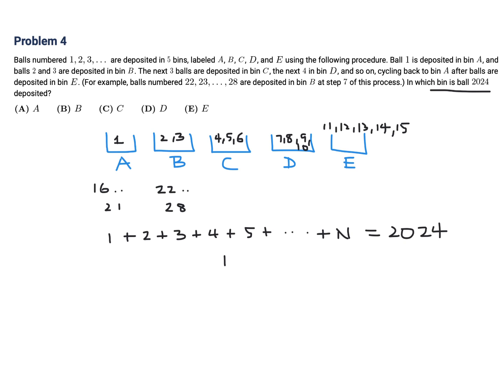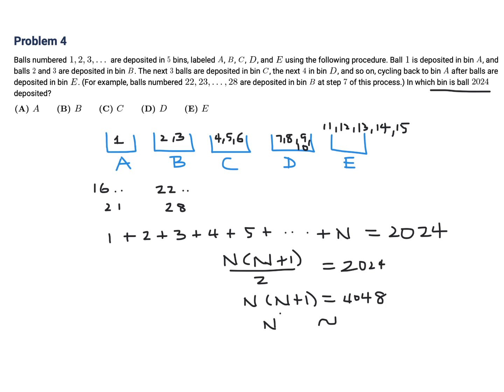Okay, so you guys remember that formula, n times n plus 1 divided by 2. And in this case, it's 2024. Now, I'm not going to do a quadratic. I'm just going to do n times n plus 1 is equal to 4048. And I'm going to approximate it. So this is sort of like n squared. It just makes it quicker.